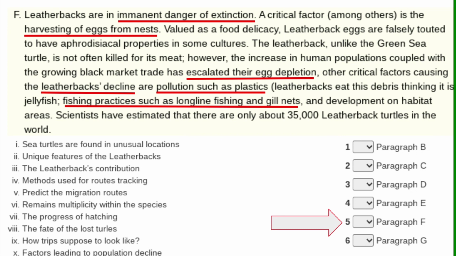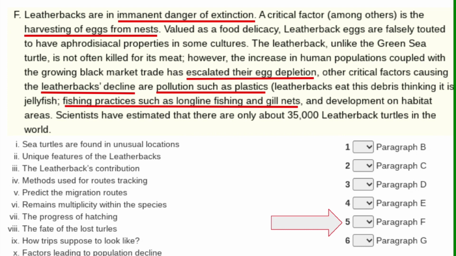The progress of hatching? It does talk about eggs, but not necessarily hatching. The fate of the lost turtles? How trips supposed to look like, and lastly, factors leading to population decline.